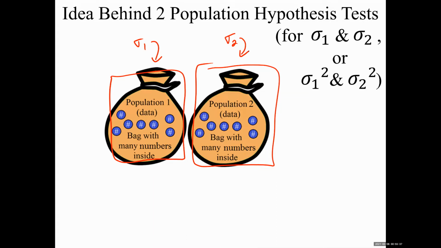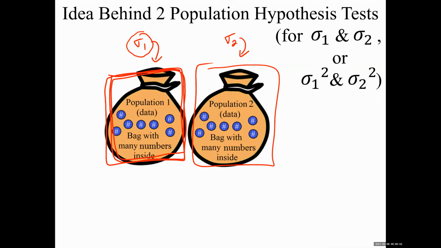For example, let's say I want to know something about the standard deviation of the ages of all Rio Hondo students and the standard deviation of the ages of all PCC students. So this would be like the standard deviation of the ages of all Rio Hondo students. In order to calculate that and get the answer right, you have to talk to every single Rio Hondo student and ask them for their age. So you need to imagine I did that and all the answers are in this bag. So this is a bag filled with ages.